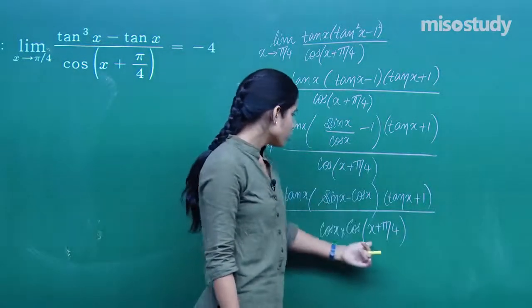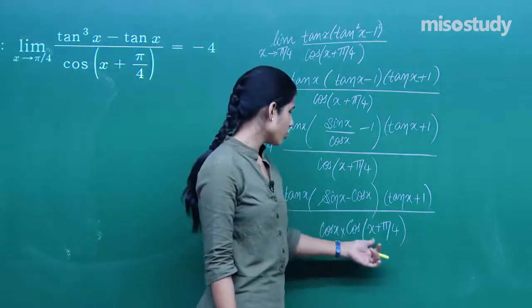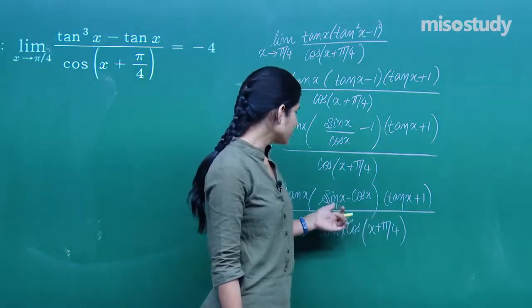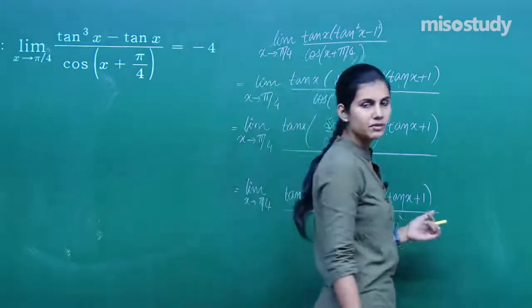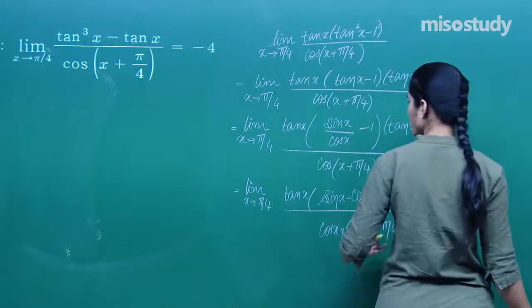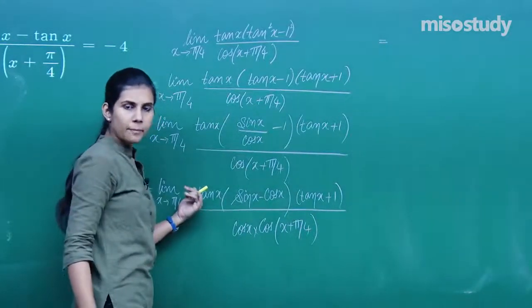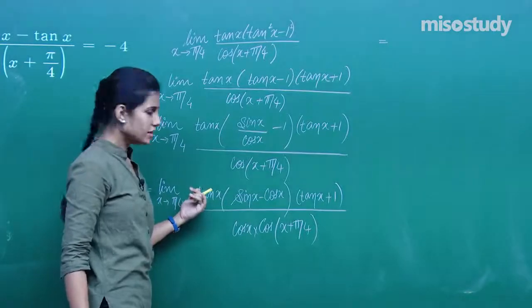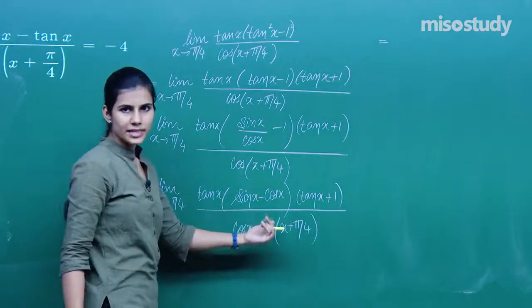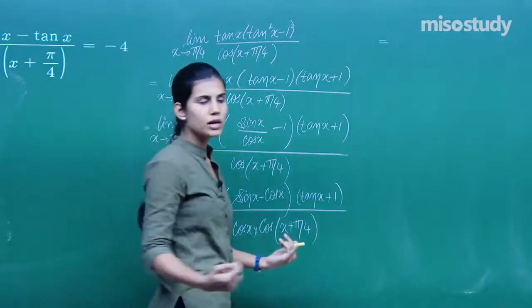I know cos a cos b minus sin a sin b is what happens to be cos of a plus b. So I will not be interested in sin x minus cos x, rather I will be interested in cos x minus sin x. So sin x minus cos x is minus of cos x minus sin x. So I will be taking out minus common. Limit of minus 1 times an expression is minus 1 times limit of that expression because constant can be pulled out of limit.